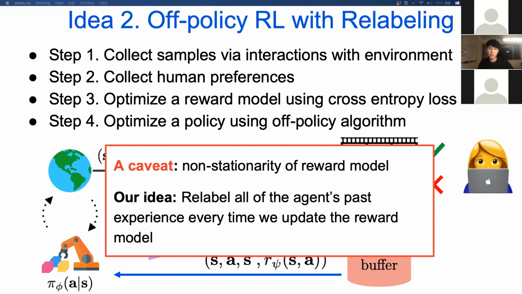So to overcome this limitation, we introduce a simple solution which relabels all experiences in the buffer every time we update the reward model. And by utilizing this simple idea, we found that we can optimize the policy using an off-policy RL method very simply and feedback efficiently.